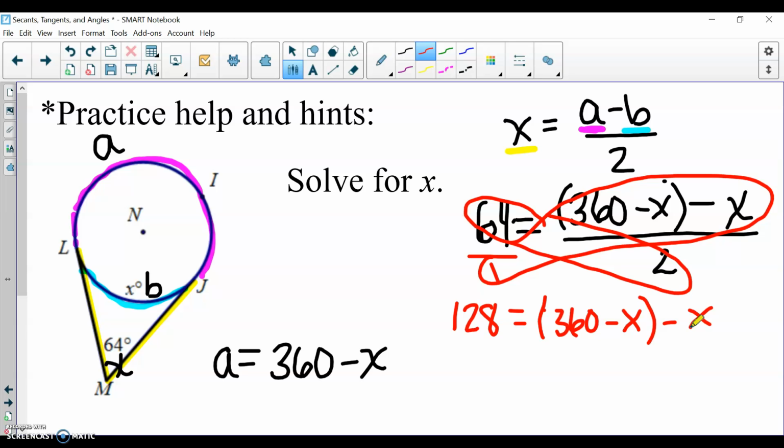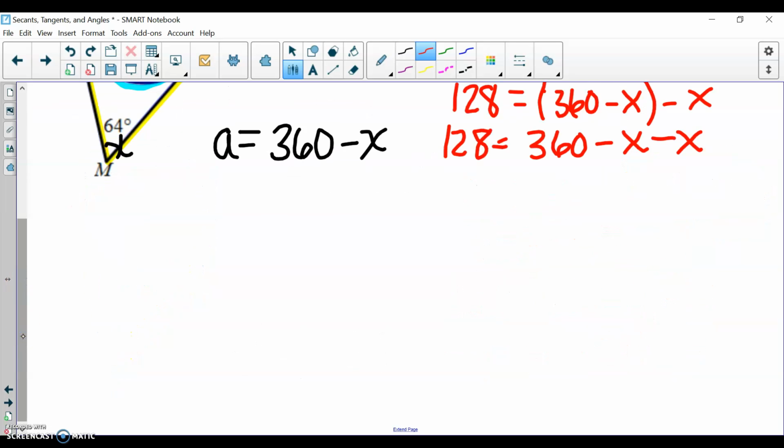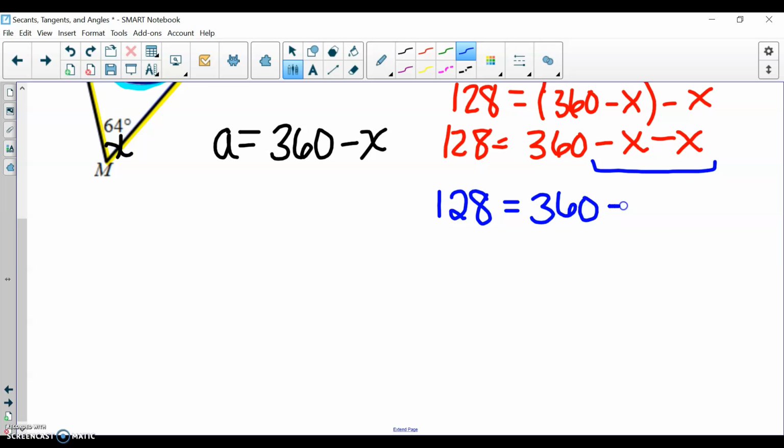There's nothing to distribute. So the parentheses can actually just get dropped. And then combining like terms, you have negative x minus x, which gives you guys a negative 2x. And then I think from here you guys can actually solve for x.